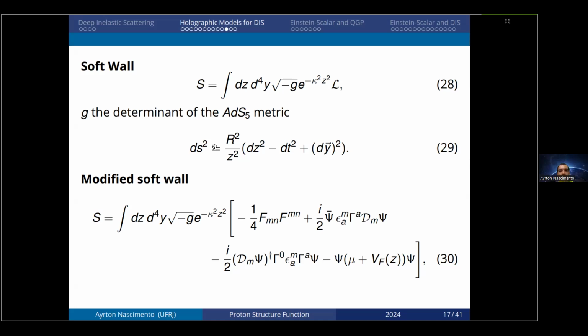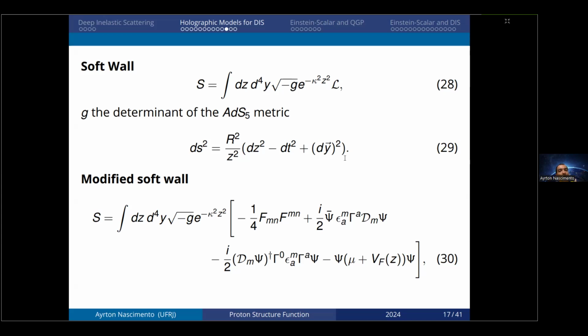Yeah, people did this because the equation of motion for the fermion didn't feel this factor over here. So this is why you didn't get a good description in the soft wall model for deep inelastic scattering, for example.